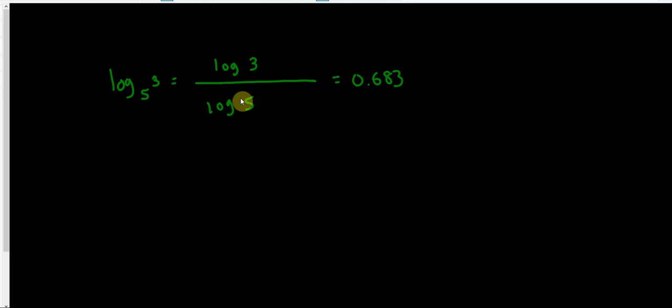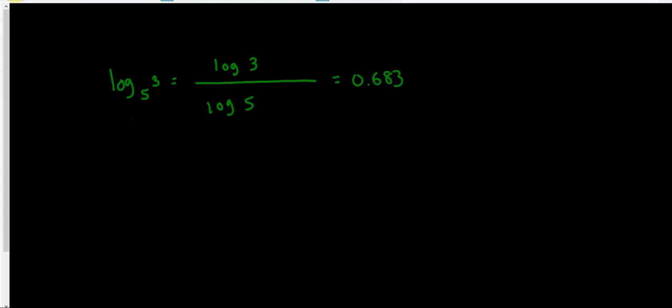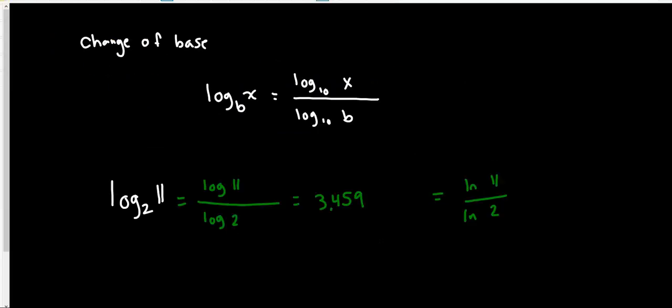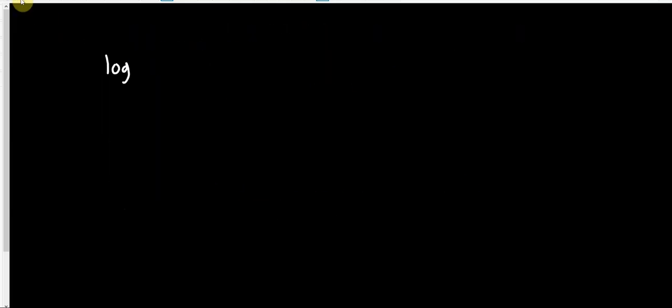Maybe for good fun, we should see if this works for one that we do know. So our first example, log base 2 of 8. Last bit of exploring. Sorry, mathematical exploring can be fun. If I use my change of base formula, that should be the common log of 8 over the common log of 2.